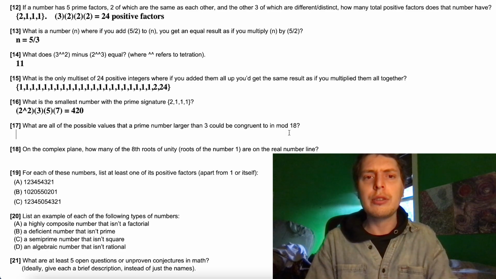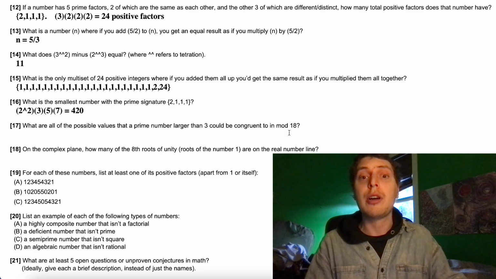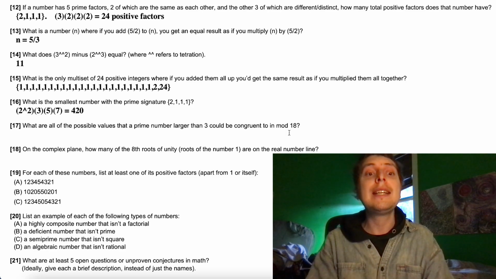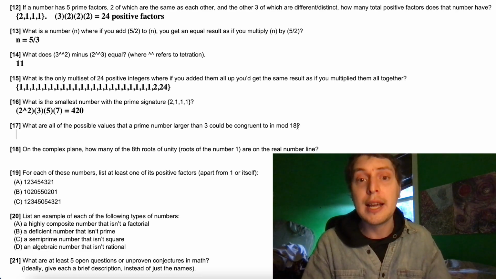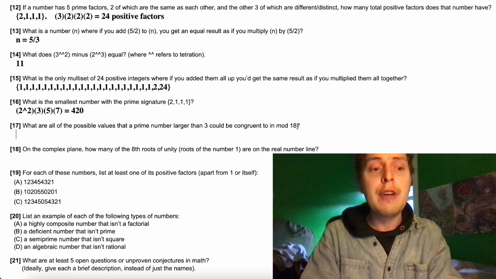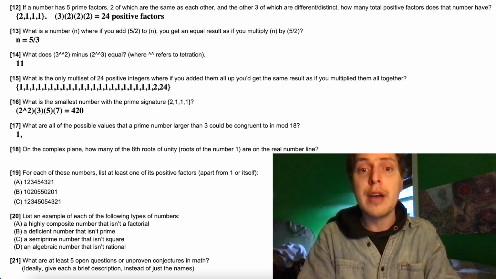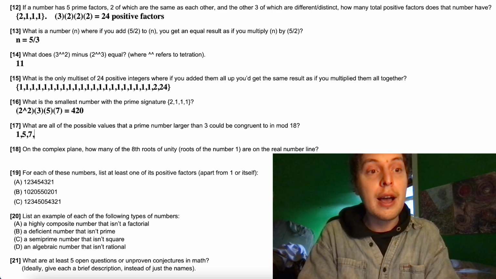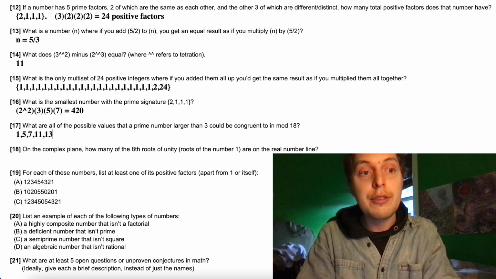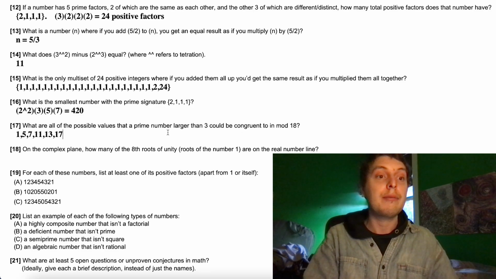And you can go through similar logic to see if I was a prime larger than 18, I would need to be congruent to a value that's coprime to 18 and smaller than it. The values of which that don't share any factor in common with 18 and are smaller than it, being 1, 5, 7, 11, 13, and 17.